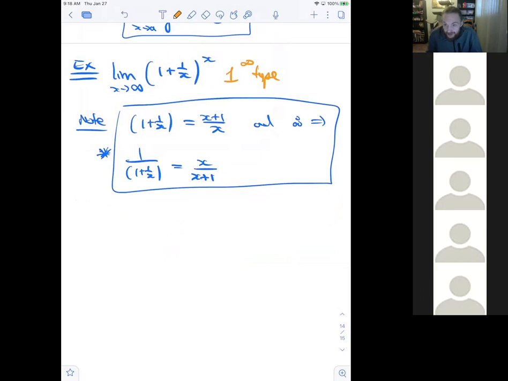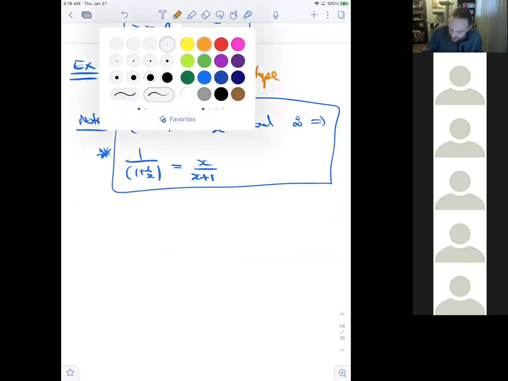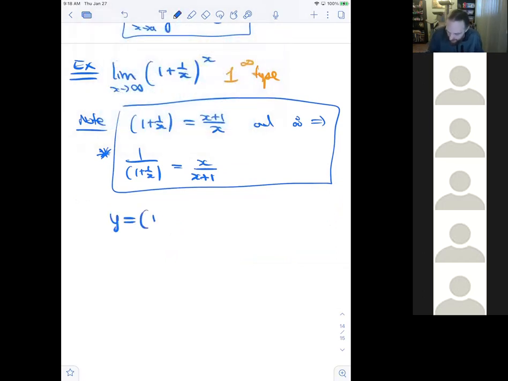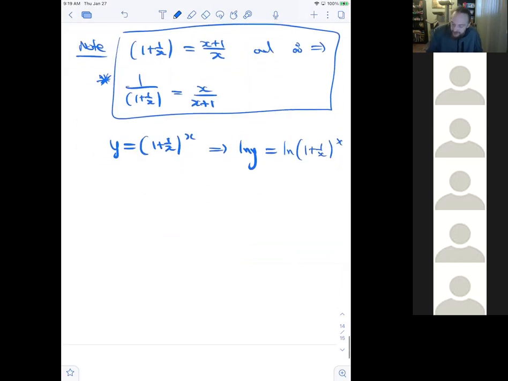So what am I going to do with this? I'm going to let y equal this, then log y is equal to, I'll apply natural logarithms to both sides. That will say that the natural log of 1 plus 1 over x to the power x, or log y, is equal to x times the natural log of 1 plus 1 over x.